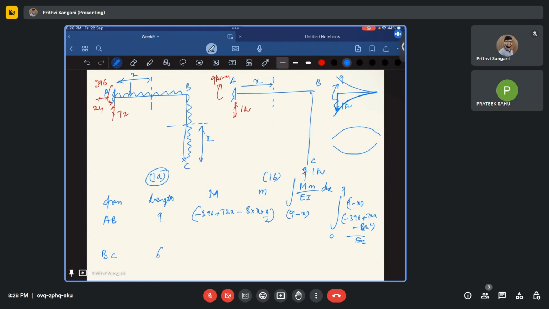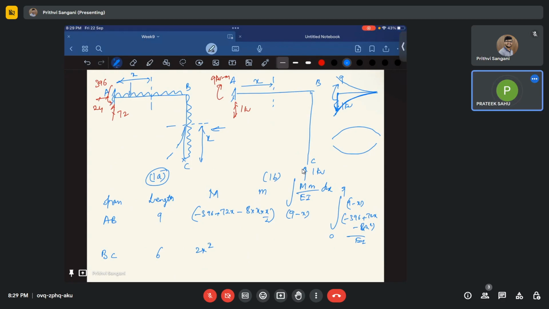See, it is going to bend in this way, right? Let us assume it as sagging. From this direction, it is going to be sagging. So if it is sagging, then it is 4x square by 2, that is 2x square. Okay, this is positive.